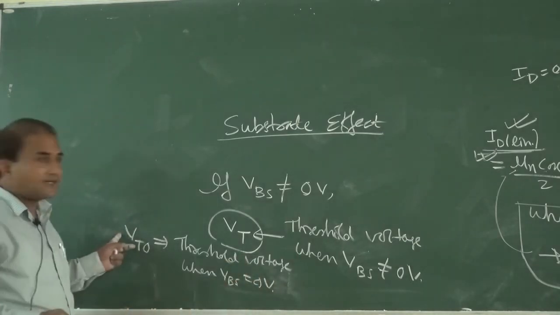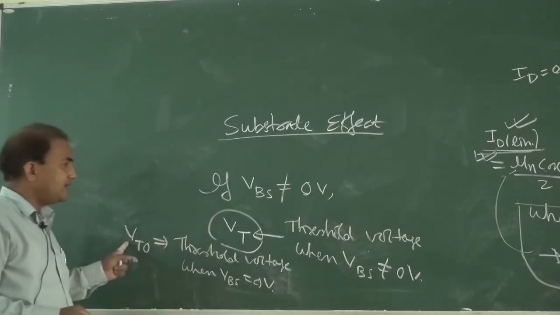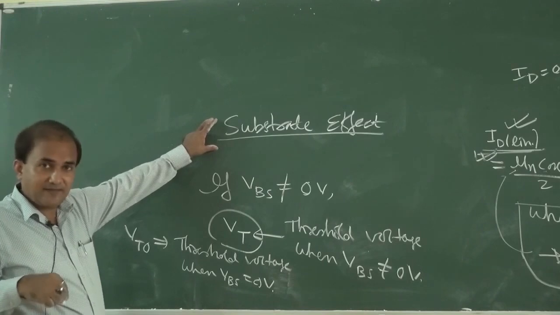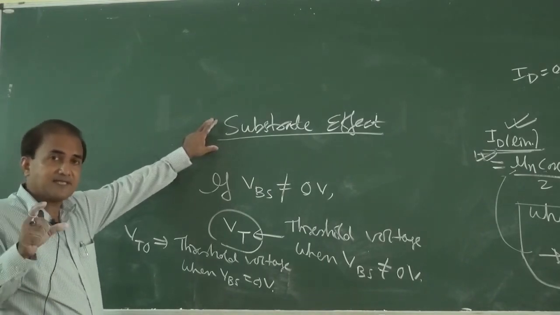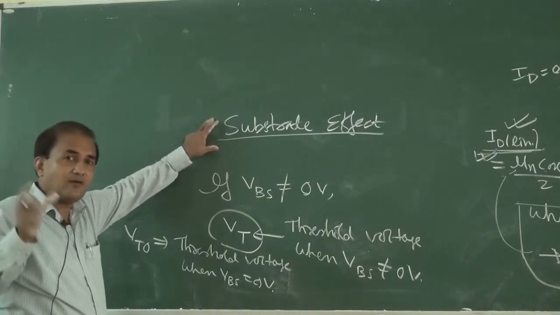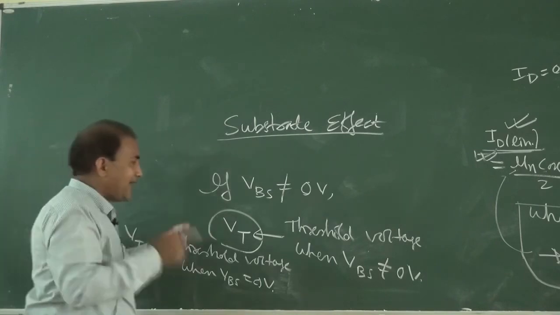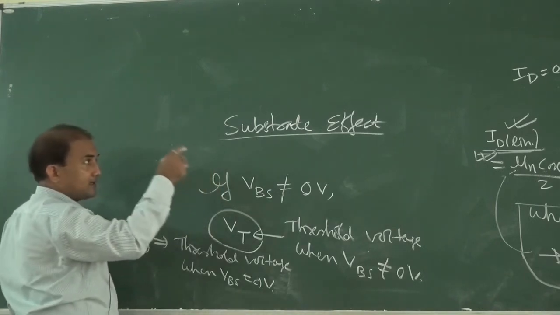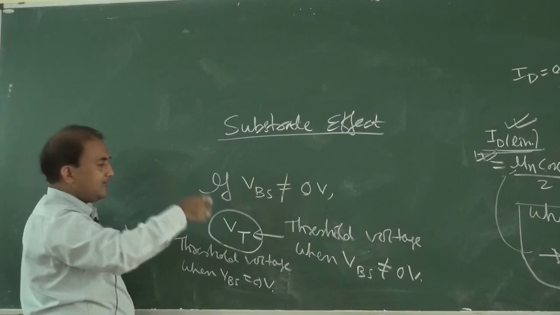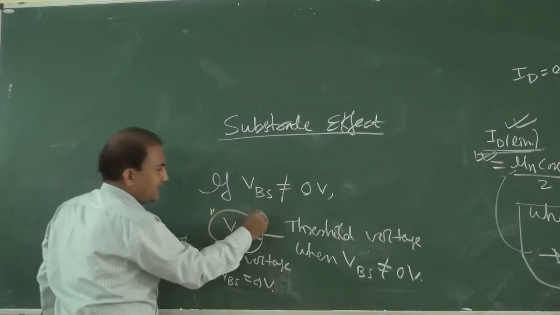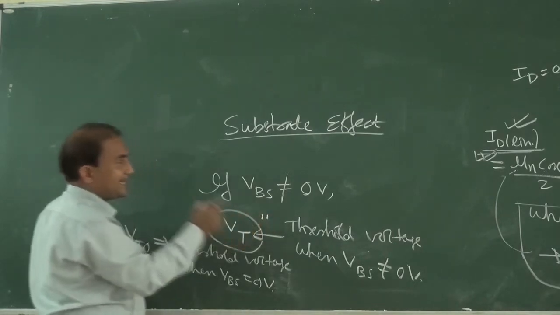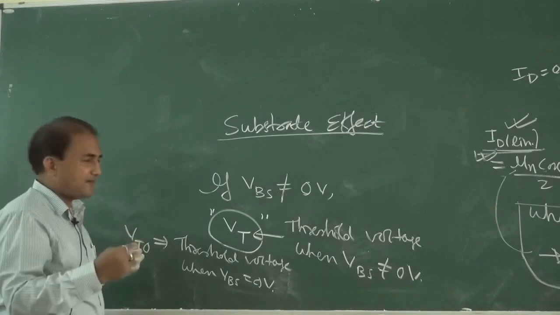So this is the difference between VT and VT naught due to the substrate bias effect. When the substrate is biased by some external voltage, the threshold voltage will vary. Because of the substrate biasing, there will be variation in the threshold voltage of the device, and it is known as the substrate bias effect.